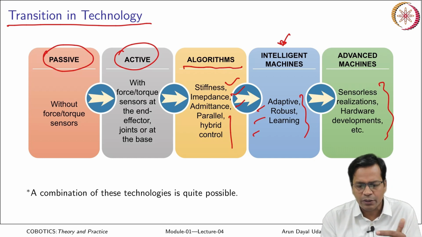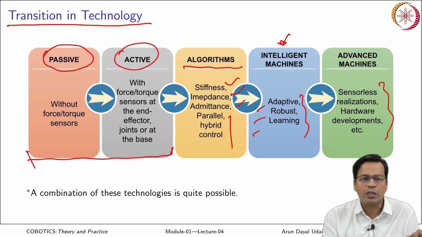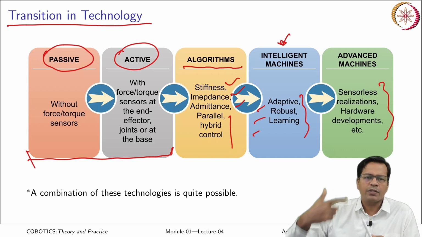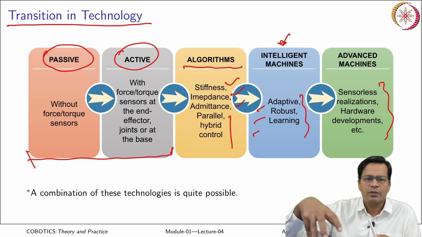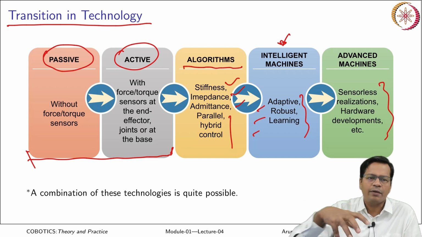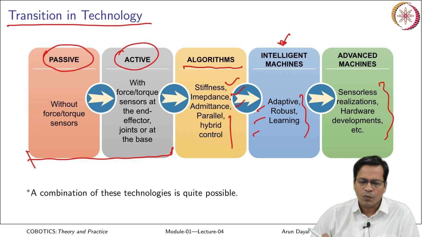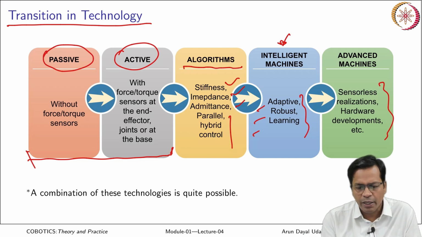So combinations of technologies are also there. Let us say it can be a combination of active and passive controller. Let us say a robot was made an active controller to control the joint forces and joint torque, whereas at the end effector you can still have a passive compliance, a spring-like structure. Okay, and you can have multiple algorithms with active sensing.